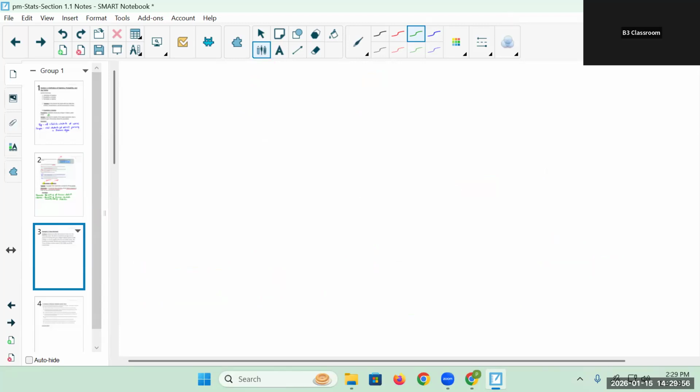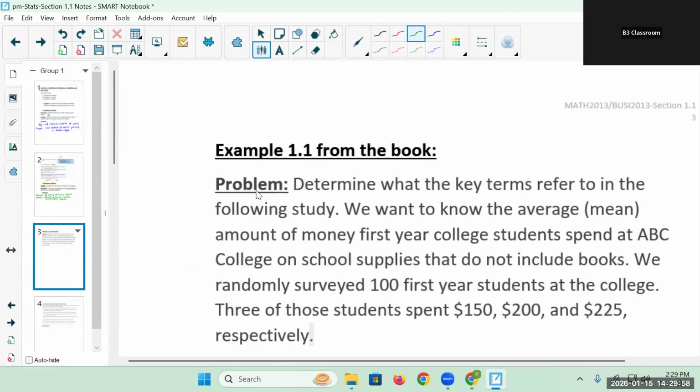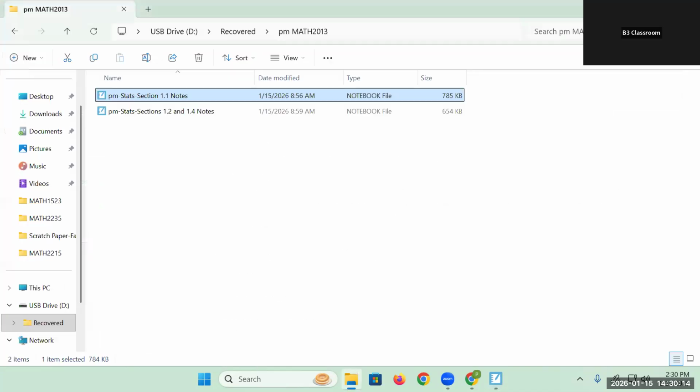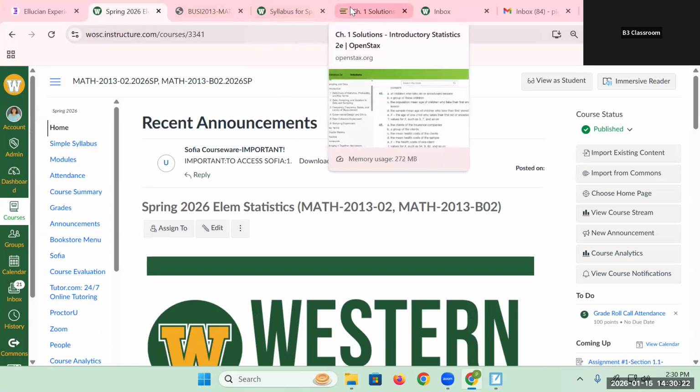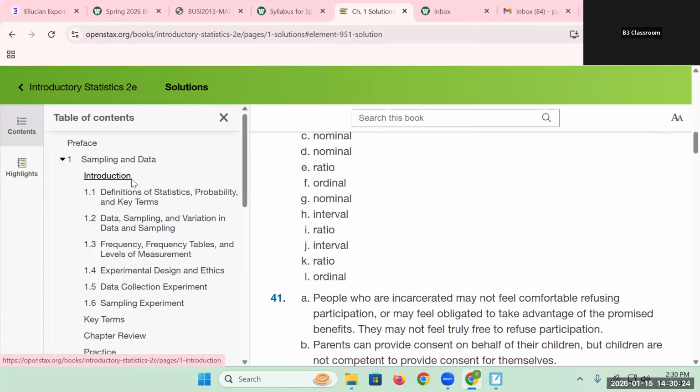Okay, so this example I actually grabbed from our book, because once in a while I go back and forth between examples in Sophia or examples in the book, because I don't want you to forget that you do have an ebook if you want to use it. So an example is actually in the body of your book, in the explanation. So remember, we had already opened the book here.